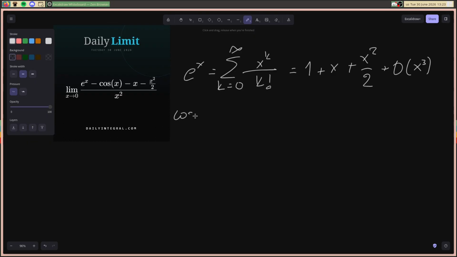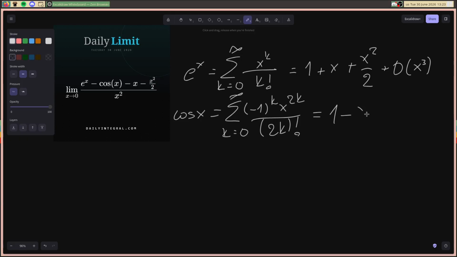We can also write the cosine as its Taylor series expansion, x to the 2k over 2k factorial, which is, for 0, it's 1 minus x squared over 2 plus terms of the order of x to the fourth.